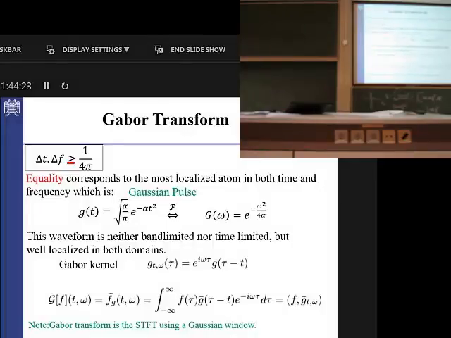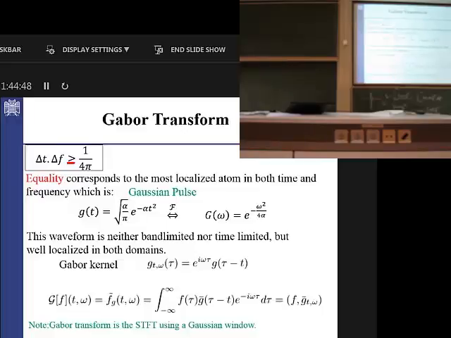And the Gabor gives you this equality condition, but it doesn't mean that it's band limited. This waveform, the Gaussian pulse, is actually neither band limited in time nor in frequency, but it is the most localized.